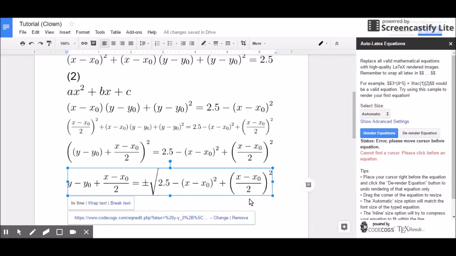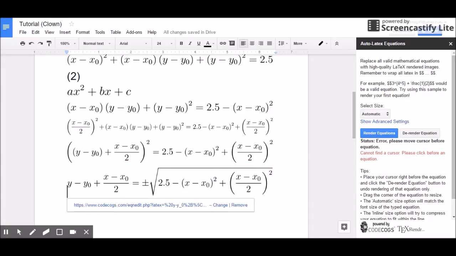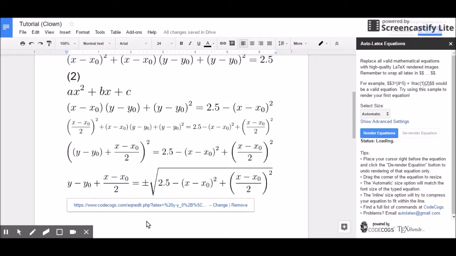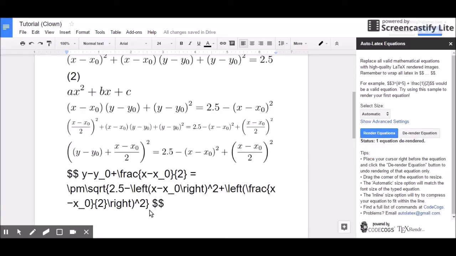I'm going to render this, because I don't want to, it will kill me and kill you if I don't do things efficiently when I can.